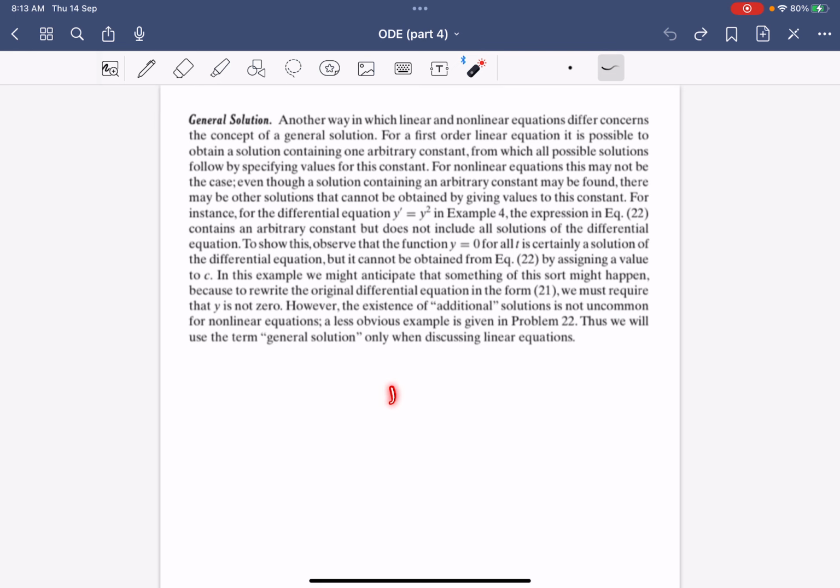You might have a solution come out, and when you solve it, you realize that even with the constant there, different solutions might not be related to one another proportionately.